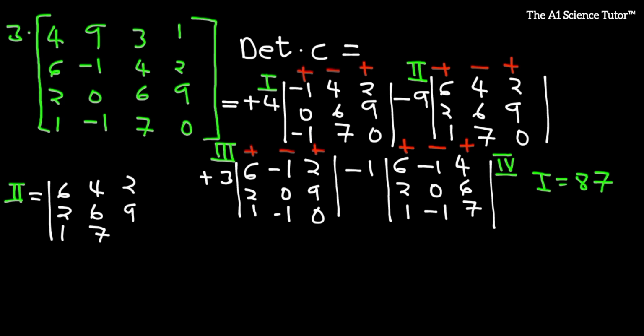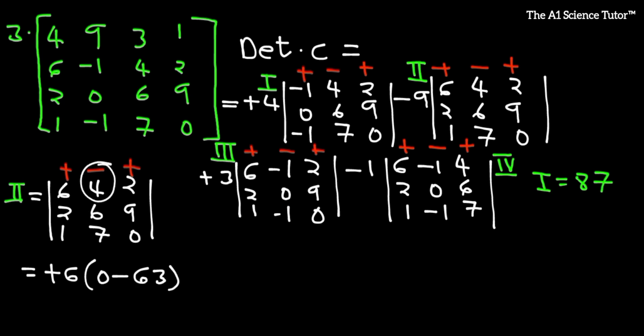You have 2, 9, 0. Now as usual, there should be a plus, a negative, and another plus over there. Now we're going to have a +6 multiplied by this determinant, which is going to be, we already know this should be a 6 multiplied by 0, and so that gives us a 0. This should be -63.